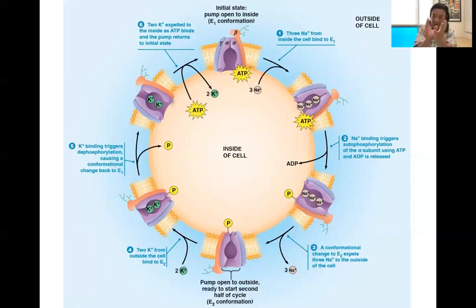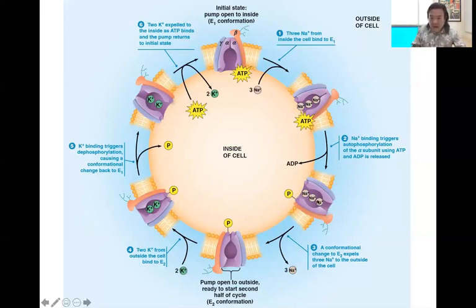As a result, that event causes the peptide chain of the protein to readjust itself and assume another more comfortable position now that it has a phosphate group stuck to it. And that more comfortable position tends to mean that this side of the protein, the outside, opens up.